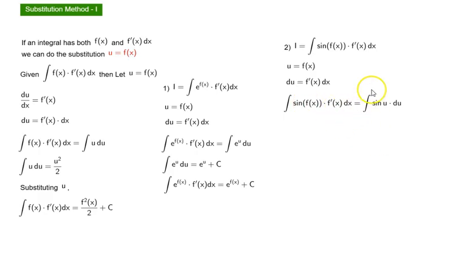We get after substitution integral of sine u times du. And we know the integral of sine u is minus cos u plus c. Substituting back, we get integral of sine of f of x times f prime of x dx is equal to minus cos of f of x plus c.